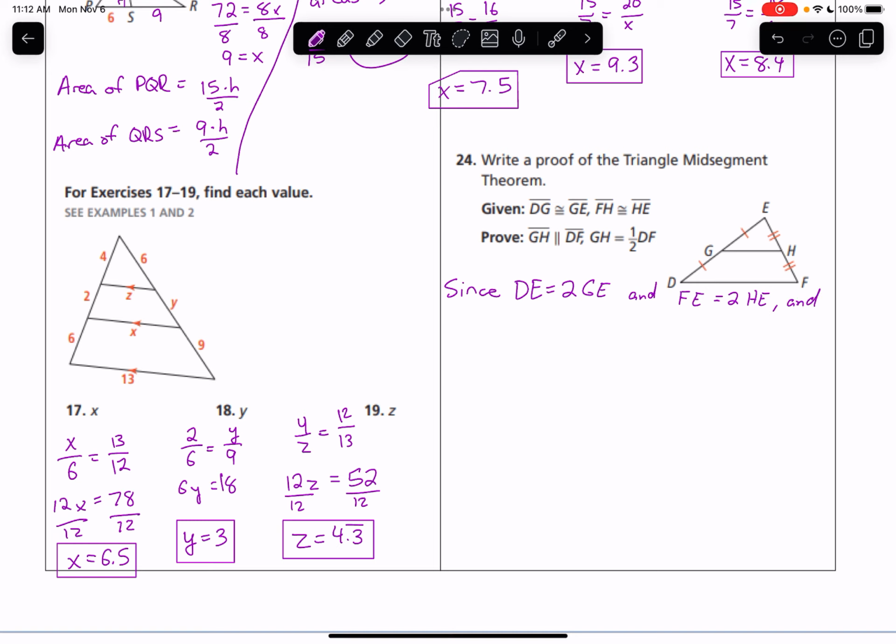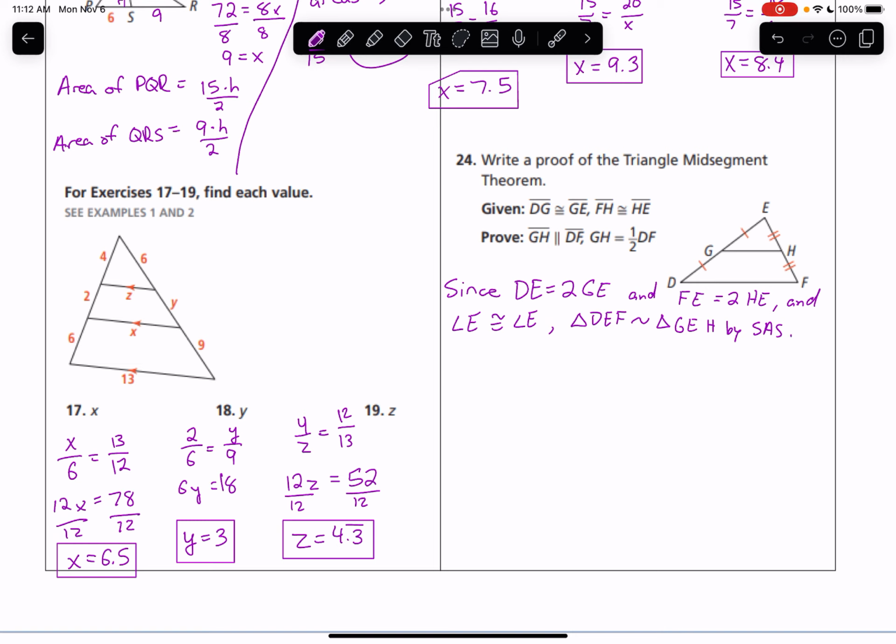I'm going for similarity. I know that angle E in the big triangle DEF is congruent to angle E in the small triangle GEH. That means I know that triangle DEF is similar to triangle GEH by side angle side similarity.